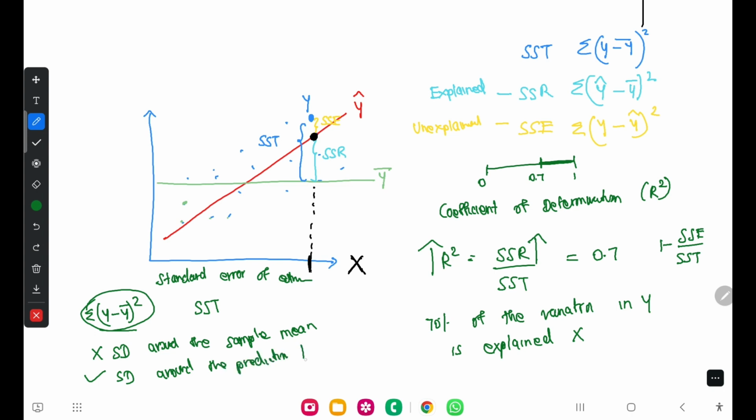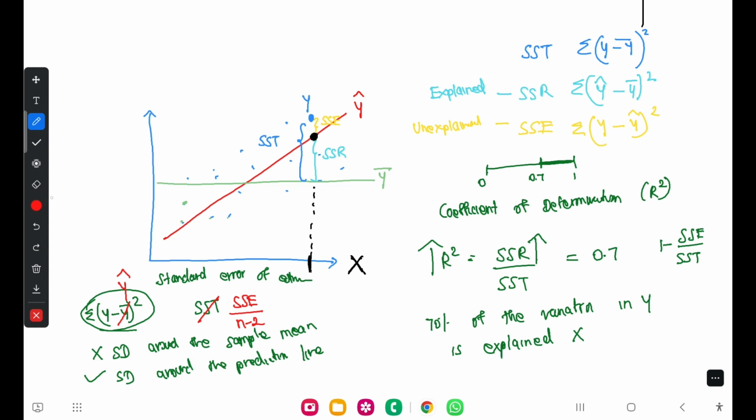Which means this is not Y bar, the prediction line is Y cap. So this is not SST, this should ideally be SSE. SSE divided by the degrees of freedom. The degrees of freedom is n minus 2. Why do we say n minus 2?